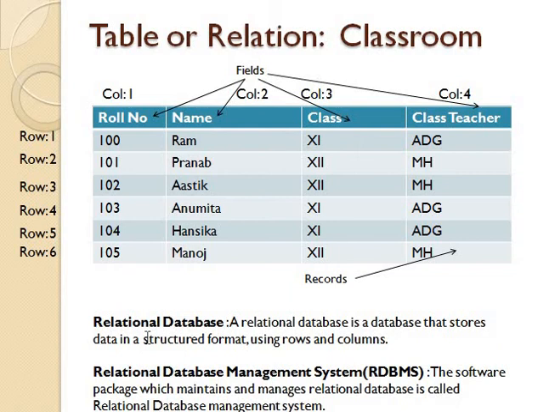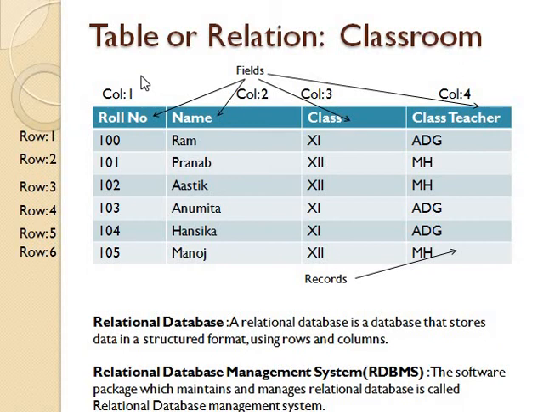A relational database stores data in a structured format using rows and columns. This table that I am explaining is also in a structured format, where data gets stored in the form of rows and columns.